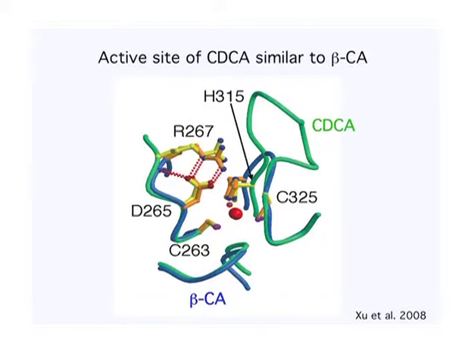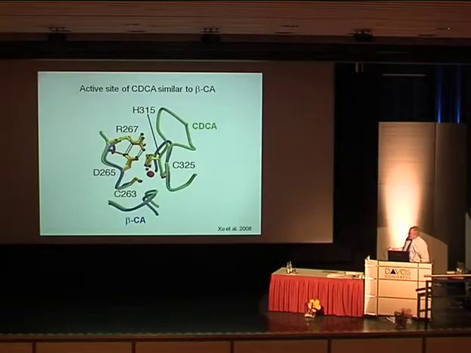And so here, the superposition of the active site, and you see not only the two cysteines and the histidine, but you see also an arginine aspartate pair with a kind of adjoint bonding, which is essential to the functioning of both the beta-CA and the CDCA. And the superposition is quite remarkable.